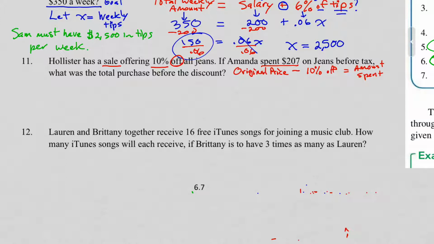Okay. So what is the X? Well, we know the amount spent is 207. What we don't know is what the original price is. Okay, so let X equal the original price. And you can see it where the question mark is. What was the total purchase before the discount? That's the original price.